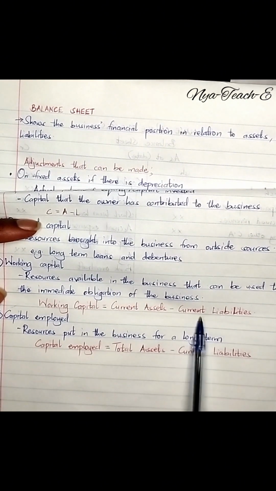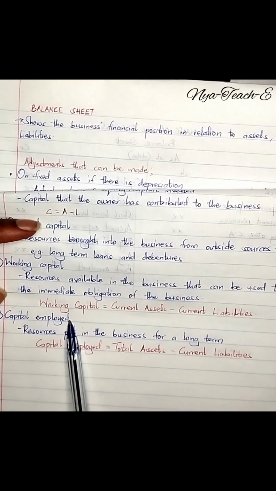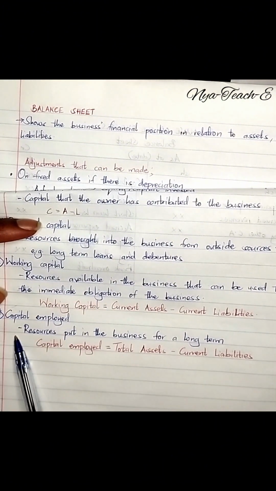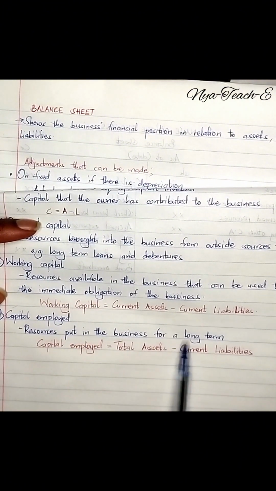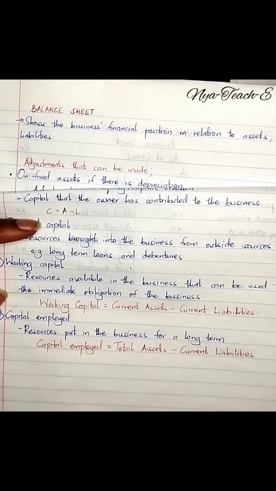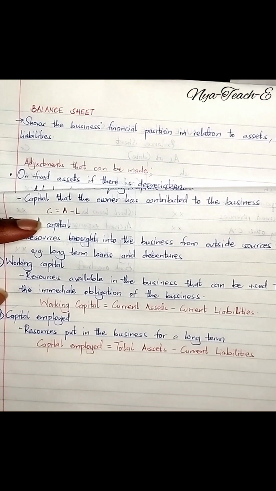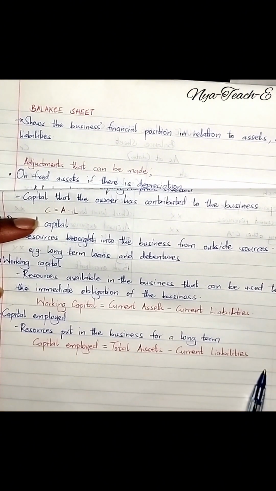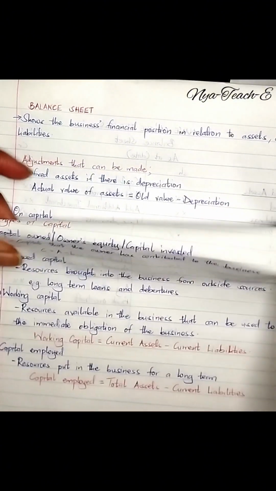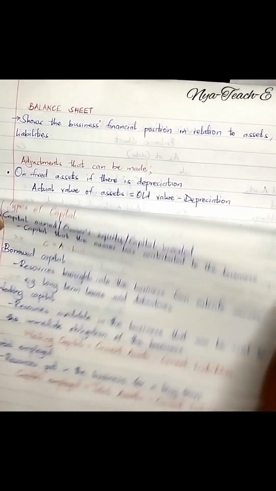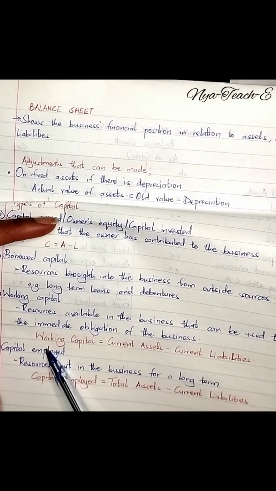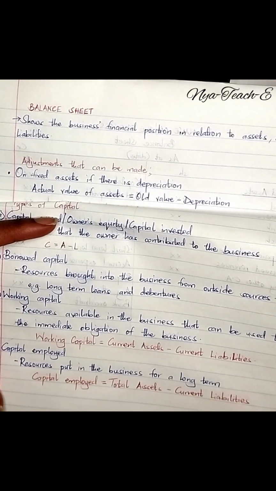Current assets minus current liabilities gives you the working capital. Capital employed. These are resources put in the business for a long term. And we get that also by getting total assets minus current liabilities. Total assets minus current liabilities. So the 4 types of capital are capital owned, borrowed capital, working capital, and capital employed.